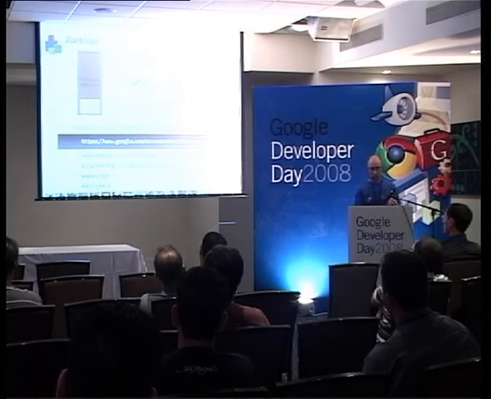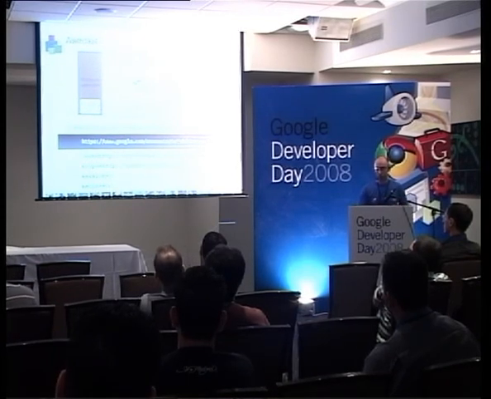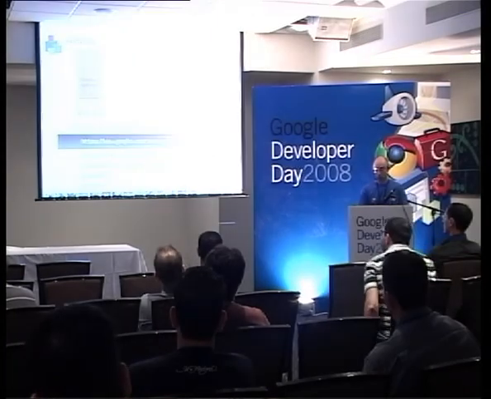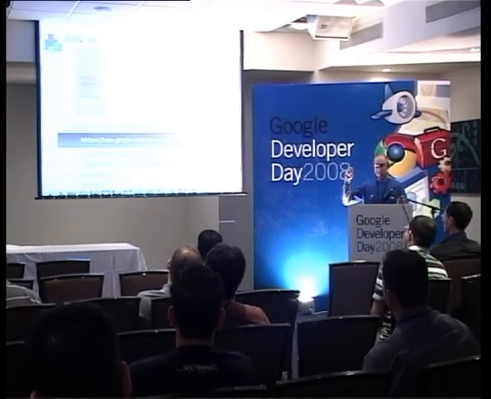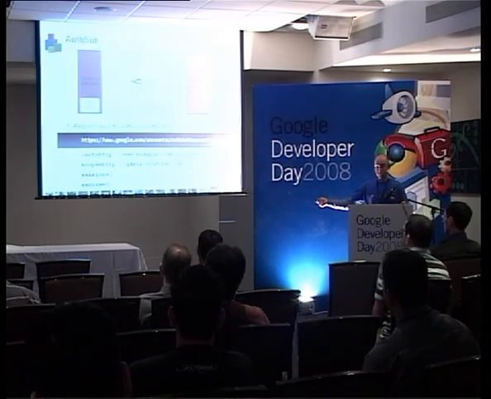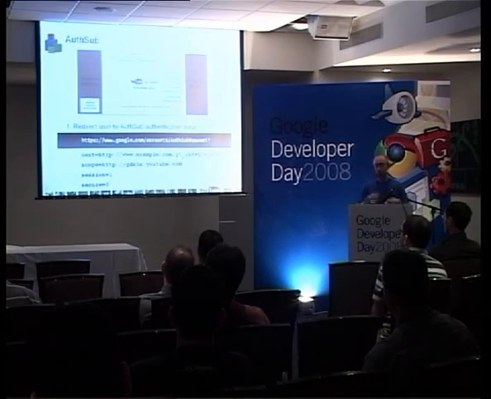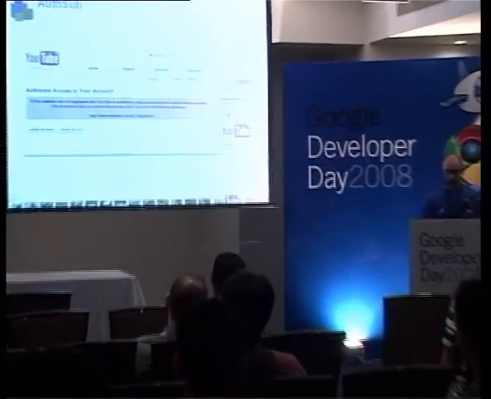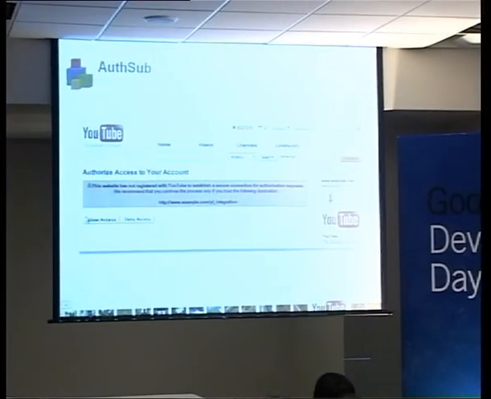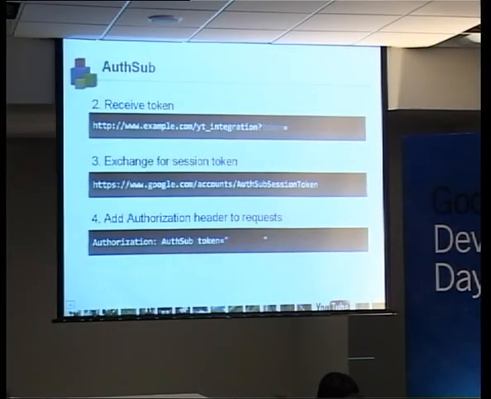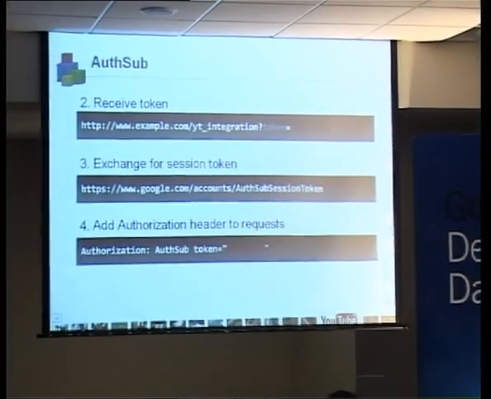Basically, first you get him redirected to the Google authorization. You specify what is the next page you want us to redirect him to. He's going to accept that you access his information. And then we return him with a token.